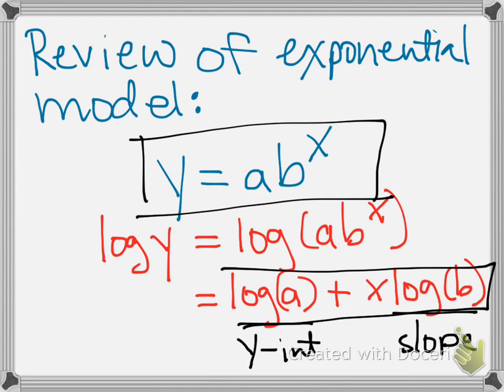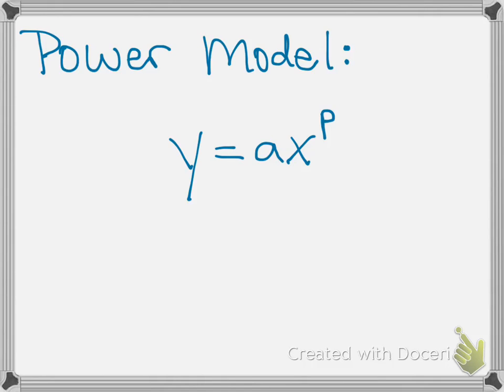In the exponential model, your variable is the exponent, and in the power model, your variable is the base with some other real number as the power, and we're trying to figure out what that power is. So just like we did with the exponential model, we're going to take the logarithm of both sides. And just for fun, I'm going to take a natural log this time. It doesn't actually matter if it's a natural log or a common log, though.